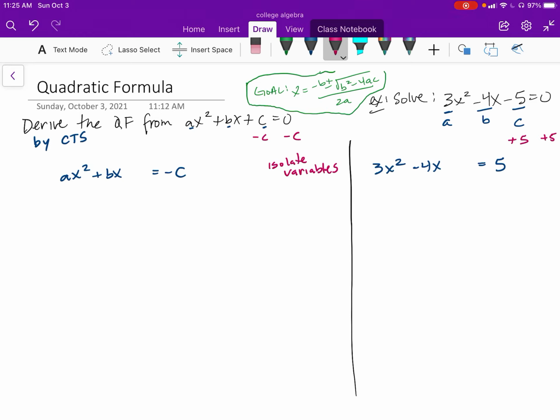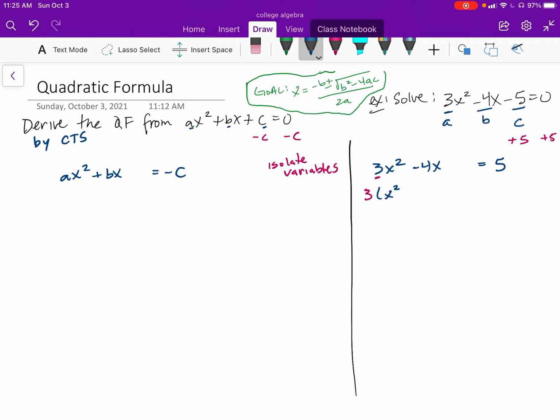Okay, step 2. We need to remove the a term. How we do that is by factoring. So I'm going to remove this a term and we're going to factor. So 3 times x squared, right? I factored a 3 out.